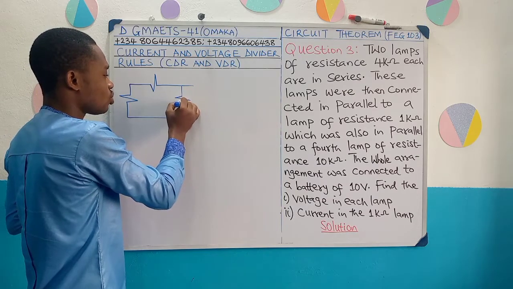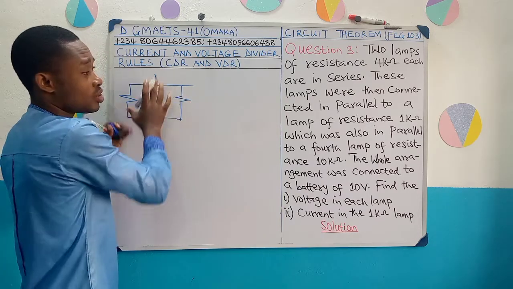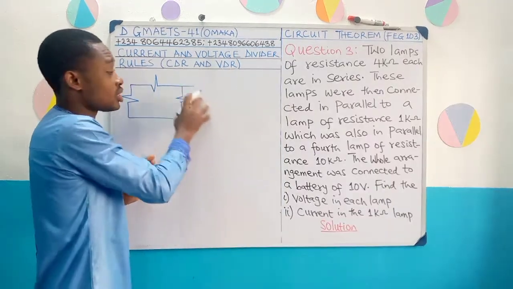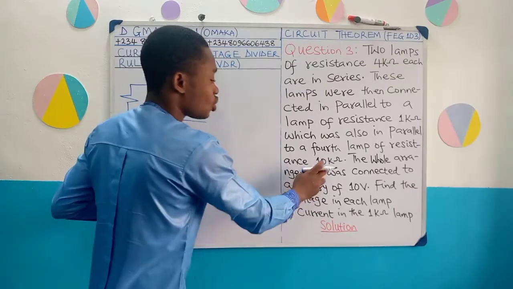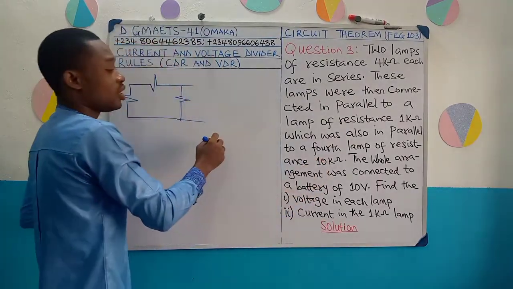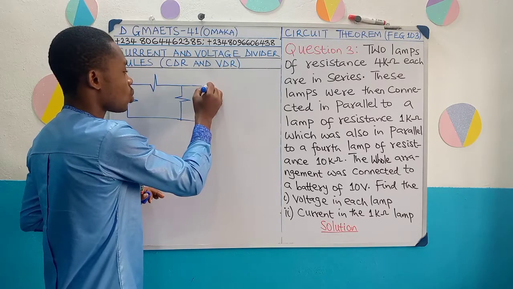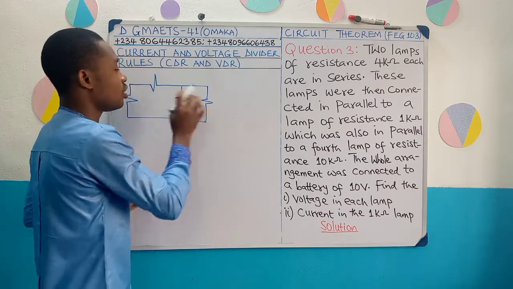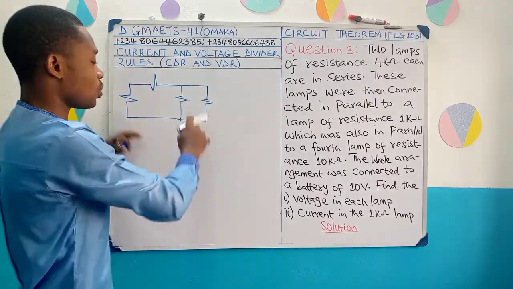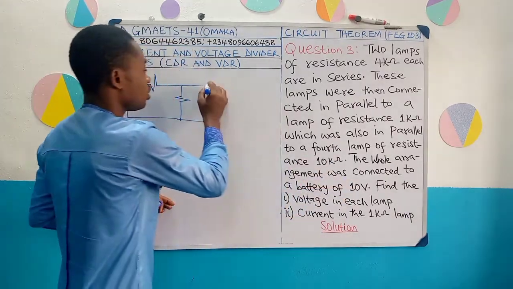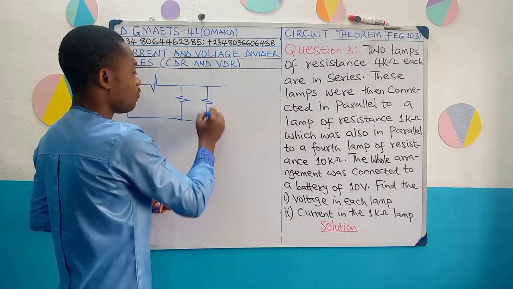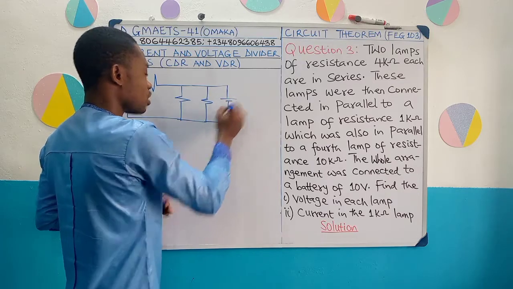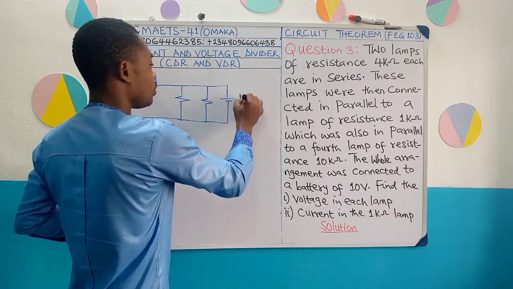It's in parallel to the two initial series resistance lamps. This 1 kilo ohm resistance lamp was again connected to another resistance lamp of 10 kilo ohms. So this goes this way, representing the 10 kilo ohms. Now this whole setup was connected to a battery of value 10 volts. So I'm going to do this, and then put the 10 volt value here.